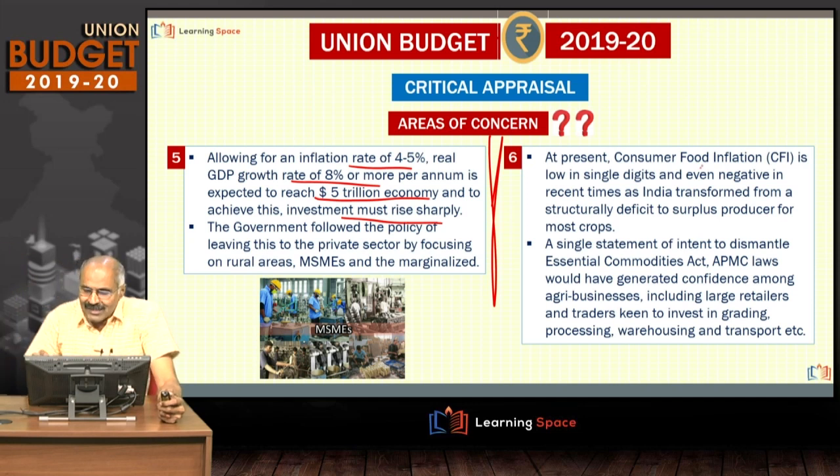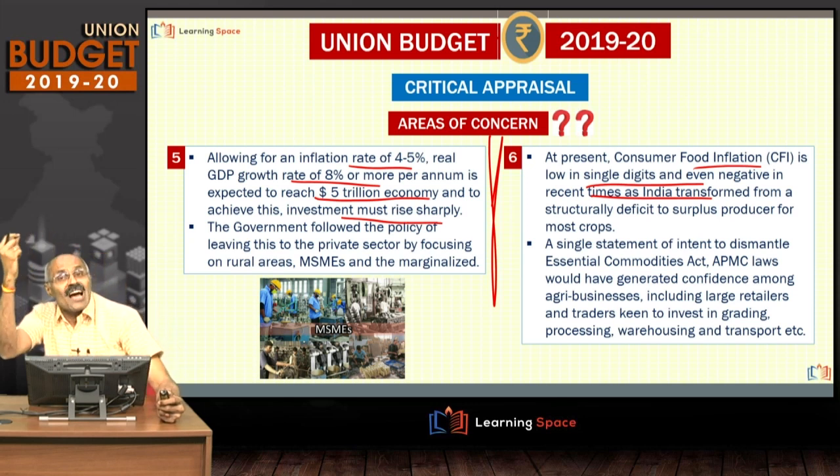Right? At present, consumer food inflation is low in single digits and even negative in recent times. Previously, there were shortfalls as far as agricultural commodities are concerned. Now we have almost reached the era of surplus.